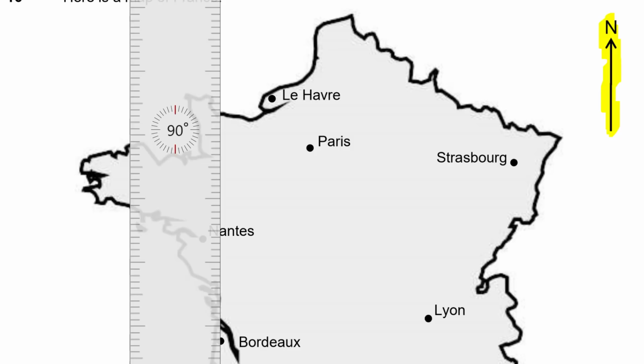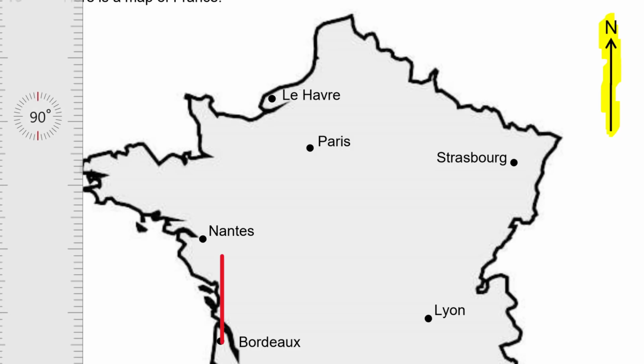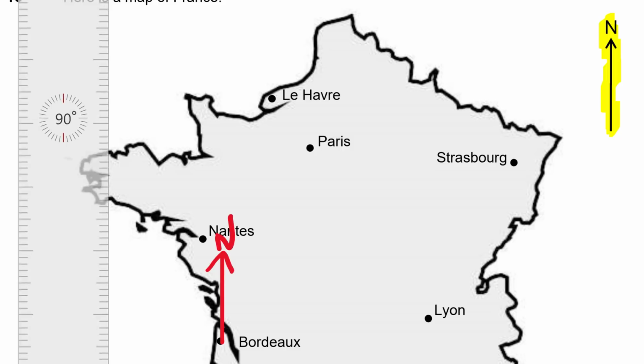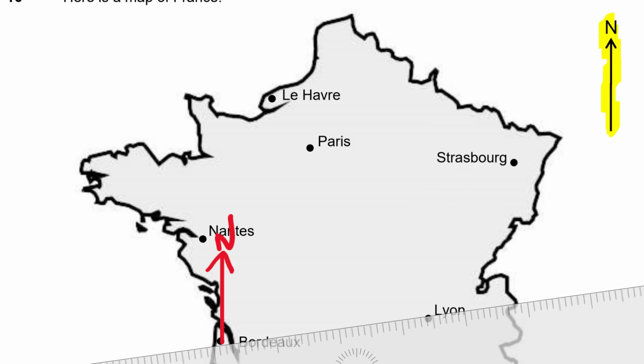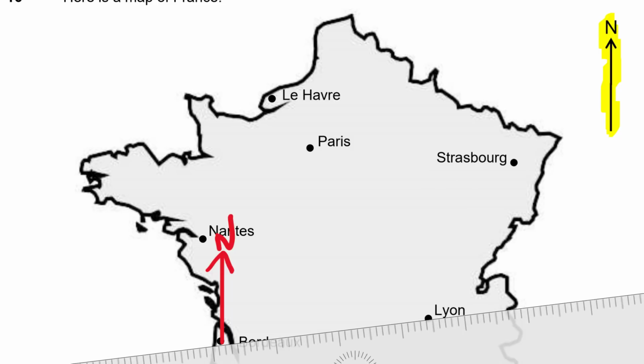So I want to go directly north from Bordeaux. So drawing an up arrow from there. Okay, so that's my north line. And from Bordeaux, I want to go in this direction, don't I?